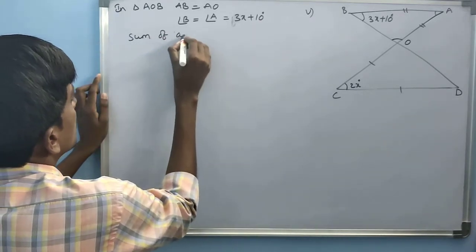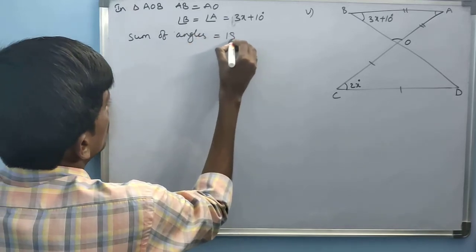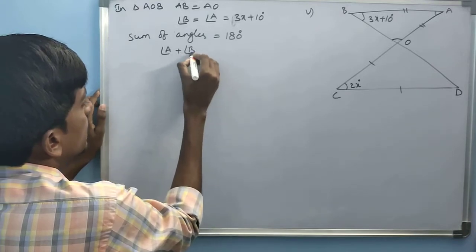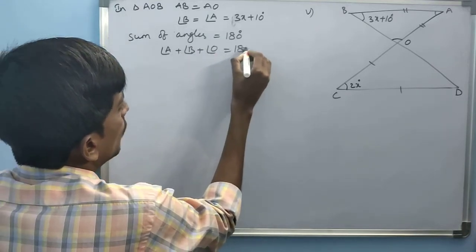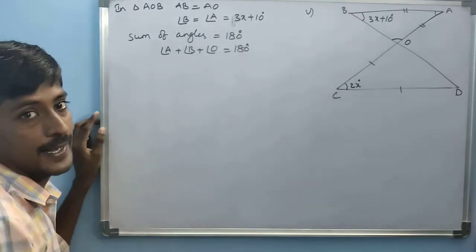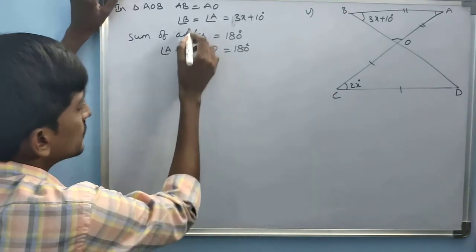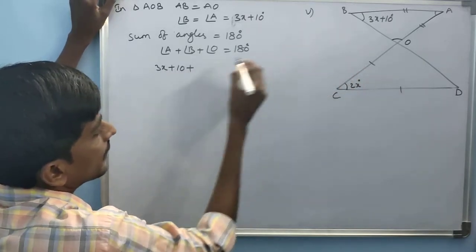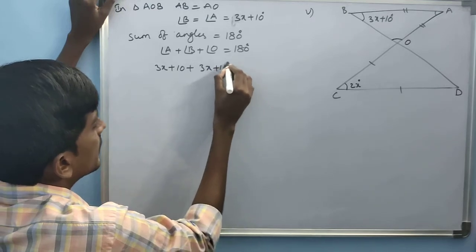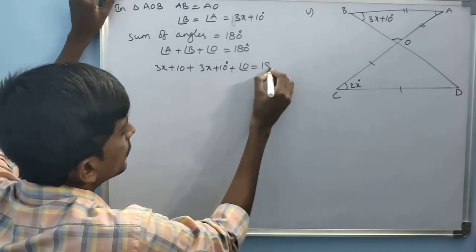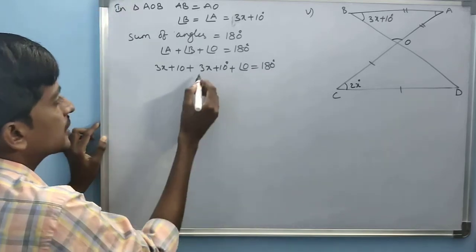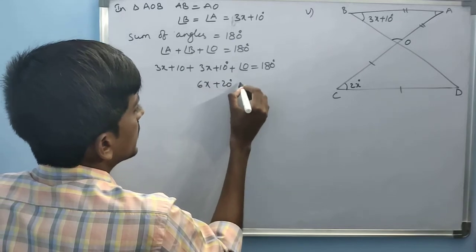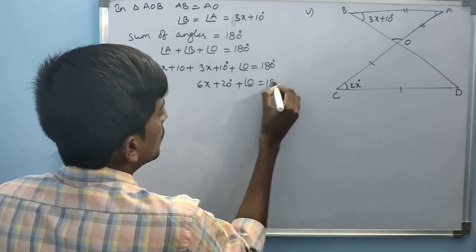Sum of angles equals 180 degrees. So angle A plus angle B plus angle O equals 180 degrees in the upper triangle. Angle A is 3x plus 10 degrees, angle B is 3x plus 10 degrees, angle O we don't know, and the sum equals 180 degrees. 3x plus 3x is 6x, 10 plus 10 is 20 degrees, plus angle O equals 180 degrees.